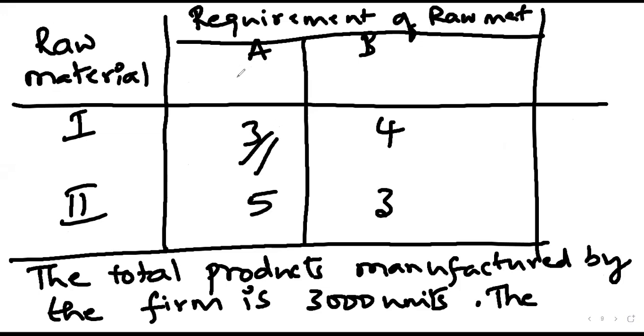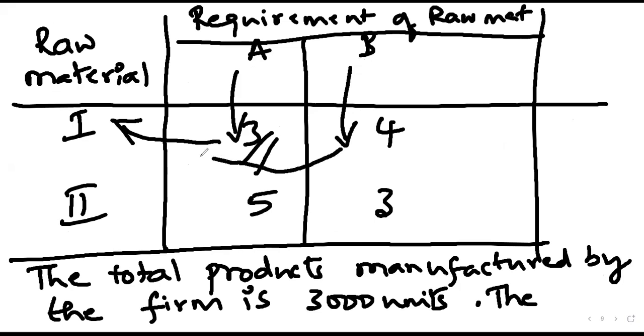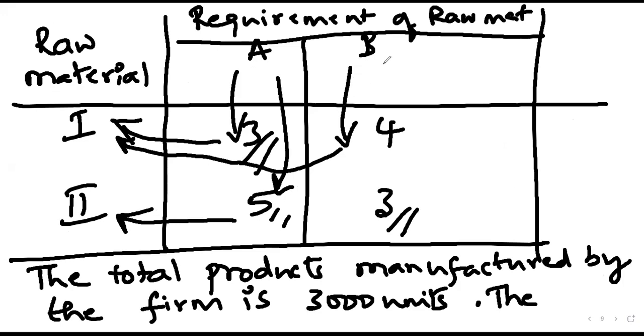Each of product A requires 3 kgs of raw material 1, and each of product B requires 4 kgs of raw material 1. Similarly, each of product A requires 5 kgs of raw material 2, and each of product B requires 3 kgs of raw material 2.